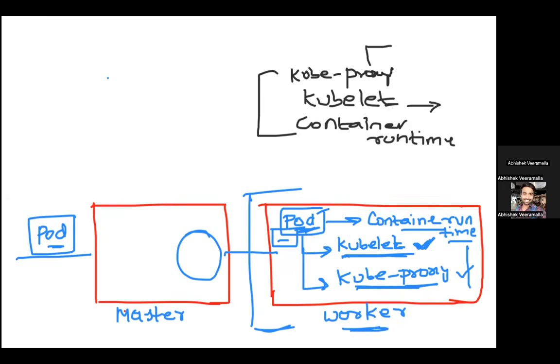Basically, it uses iptables on your Linux machine. Okay, so iptables is a concept where, let's not go into the details of iptables, but just understand that kube-proxy uses iptables for networking-related configuration. And finally, you have the container runtime, which is responsible for running your container. Okay, so the worker component is done.